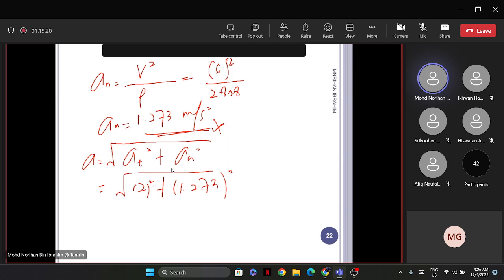If you solve this one, you get the answer for the magnitude of acceleration, which is 2.37 meter per second square.